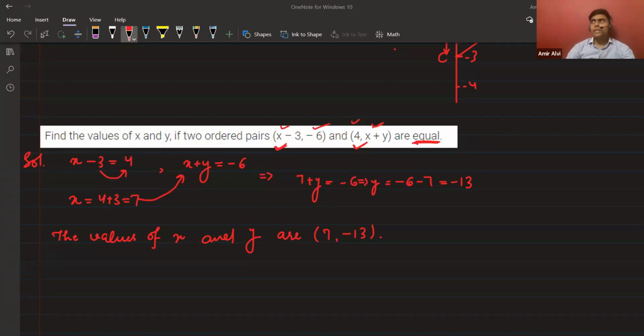Suppose 9 chapters will be there. How many chapters will be there in the mathematics midterm school exam? 8 or 9. So we will try to cover at least 6 chapters before your exams.